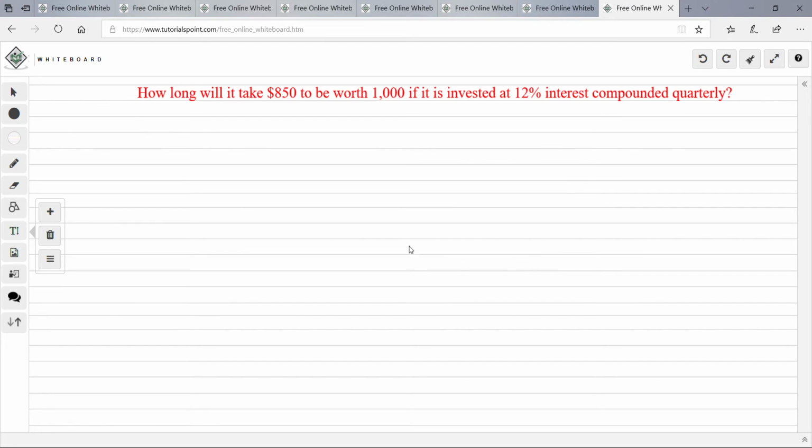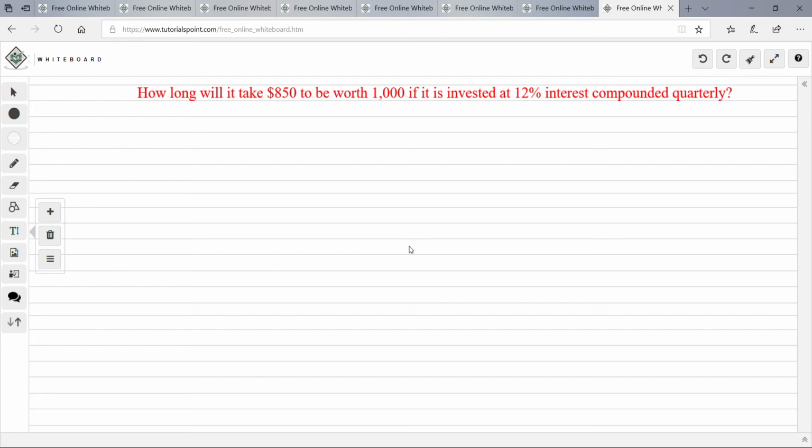And then the last one is a word problem, so we're going to use compound interest. It says, how long will it take for 850 to be worth 1,000 if it is invested at 12% interest compounded quarterly?